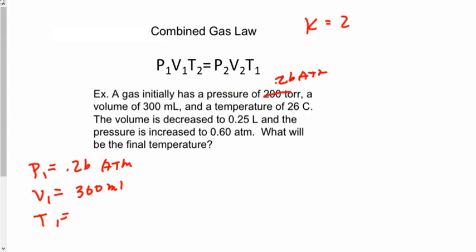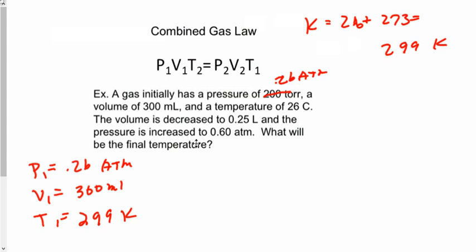So I'm going to take 26 plus 273, and that is going to give me 299 Kelvin. So I'm going to write 299 Kelvin here. I put all my units on there just to make sure the question is not going to be tricky at all, so that I forget to convert a unit or whatever.